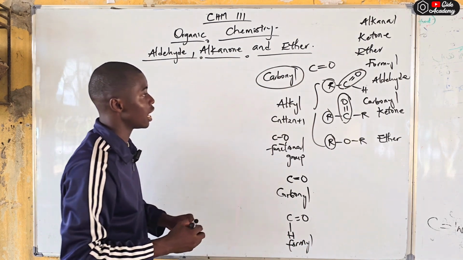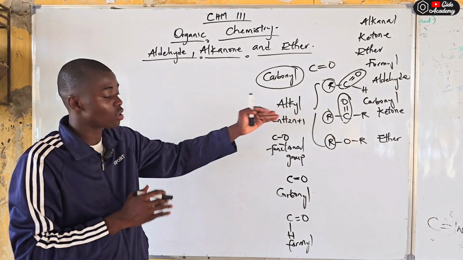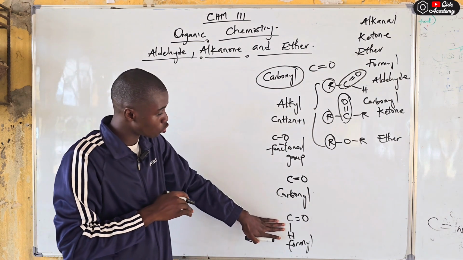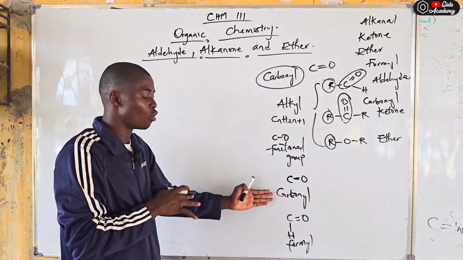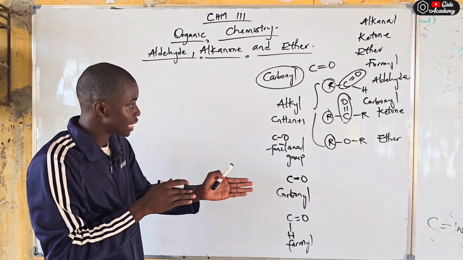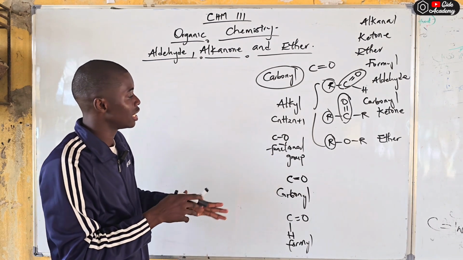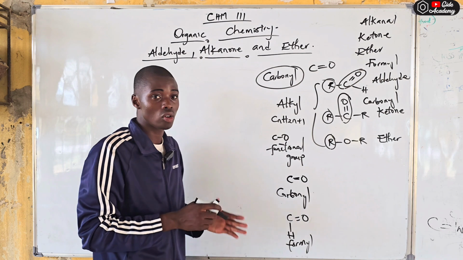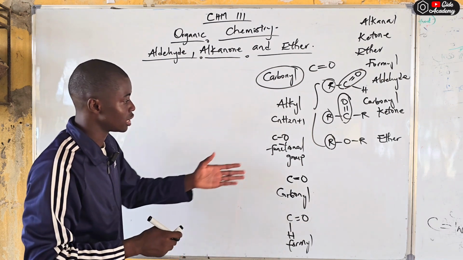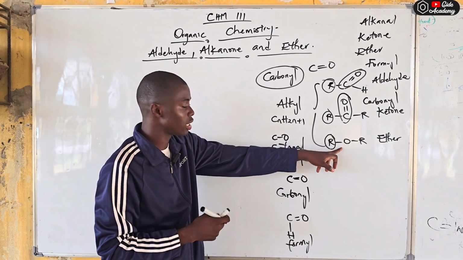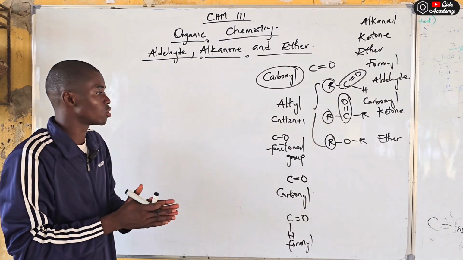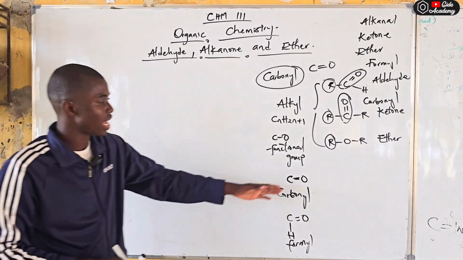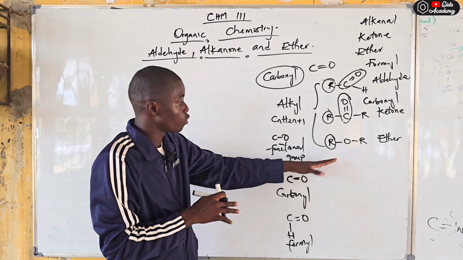So please take note. An aldehyde or an alkanal is a very good example of a formyl group. Ketone and aldehyde are very good examples of a carbonyl group. While ether, ketone, and aldehyde are good examples of a carbon to oxygen group, because there's a carbon bonded, singly or doubly, to oxygen. So when you have a direct bond between carbon and oxygen, you refer to them as carbon to oxygen functional group.